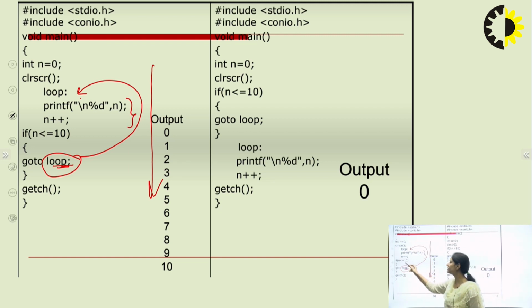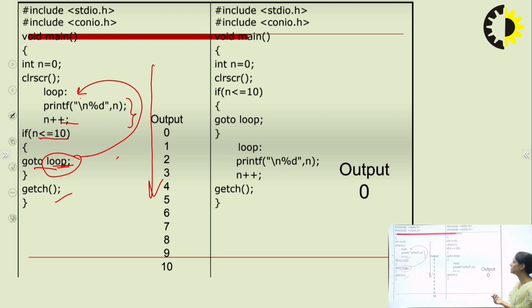Again, the if condition is checked, goto loop, and this keeps on going till the value of n, which is incremented over here, becomes false. Once it becomes false, this goto is skipped and the program terminates.